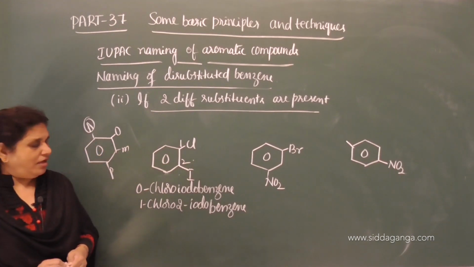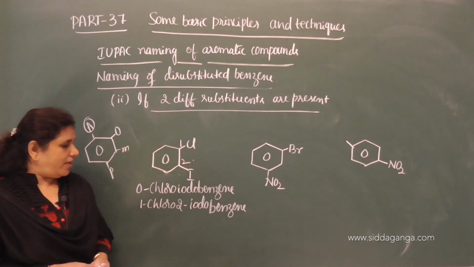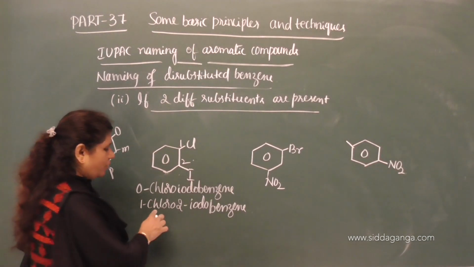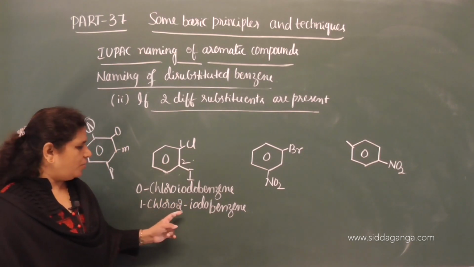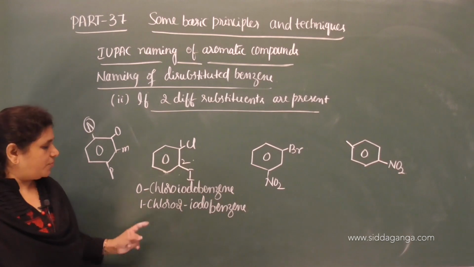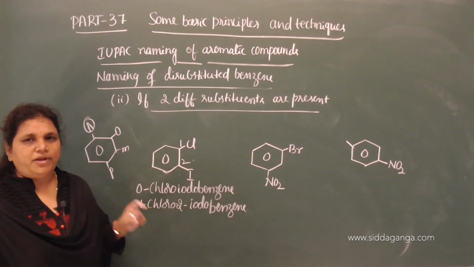Instead of writing the 1 and 2 locants together, we are giving the locants of chloro and iodo separately. So, position 1, 2 indicates they are on the adjacent carbon atoms.